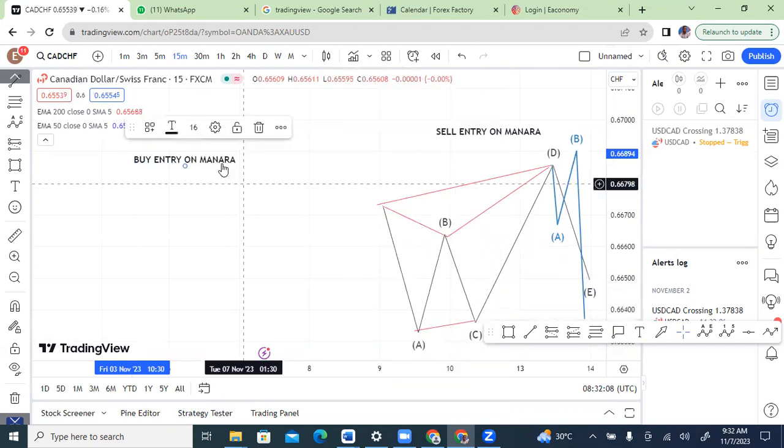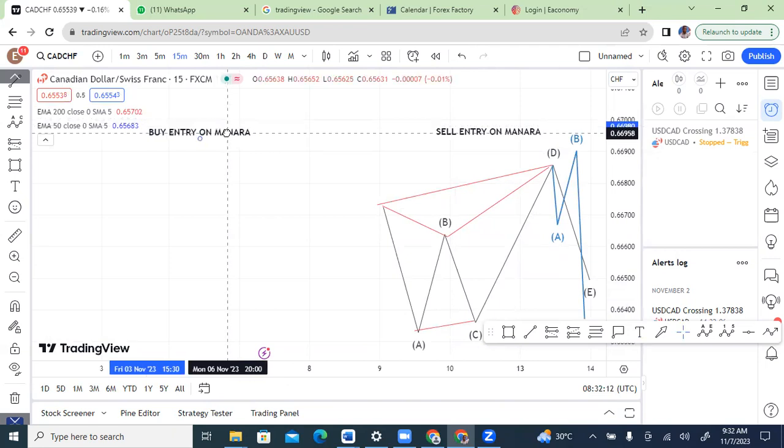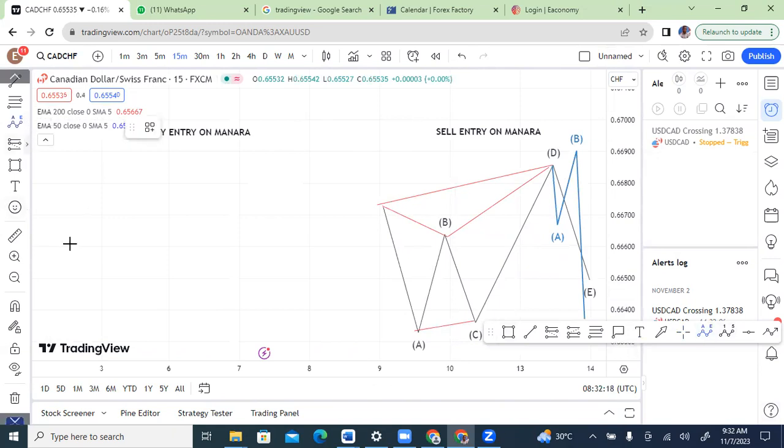As you know, the D point is always the selling point or the purchasing point. So for Manara, for the buy, it always starts from below, because this one started from above.